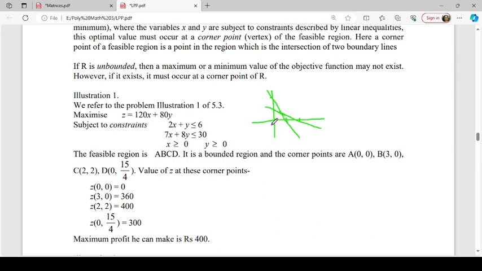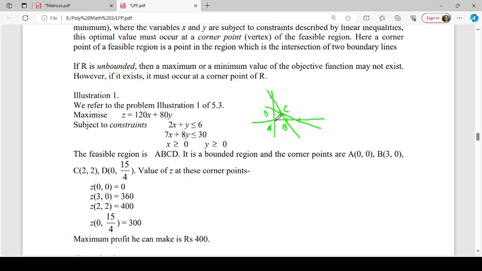So this is 1 point. A is 0 0, B is 3 0, C is 2 2. 2 2 is the point of intersection of these two lines, and D is this point. So this is our region ABCD.